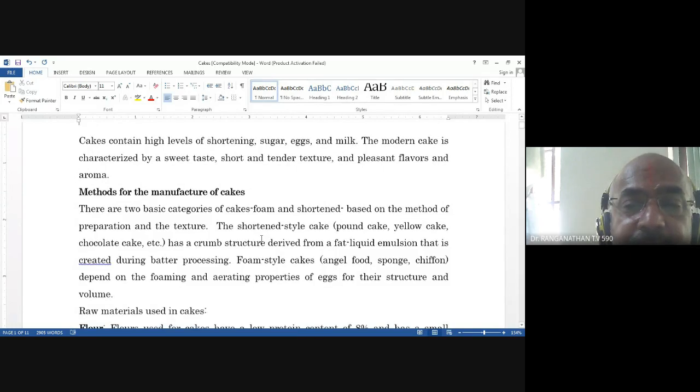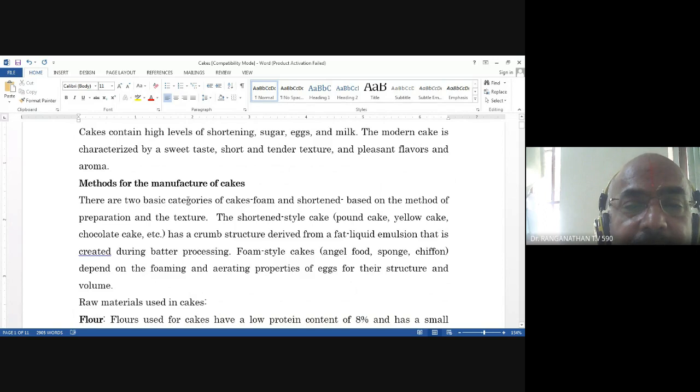So basically, the categories of cakes are foam and shortened, based on the method of preparation and the texture. The shortened style cake, like chocolate cake, has a crumb texture derived from a fat liquid emulsion that is created during the batter processing. Normally, the characteristic feature of this shortened, shortening, is a high amount of fat or sugar.